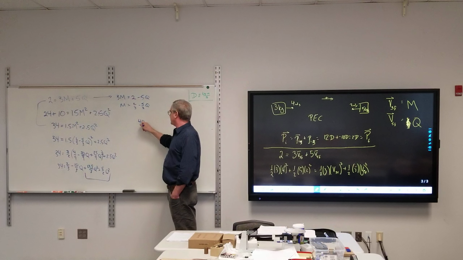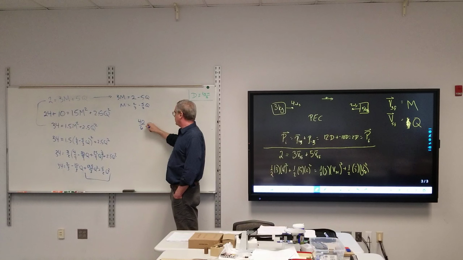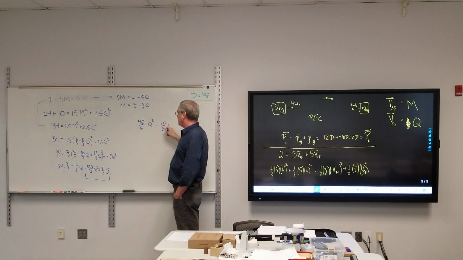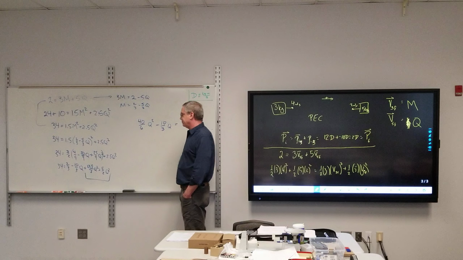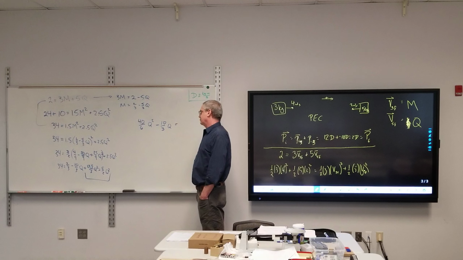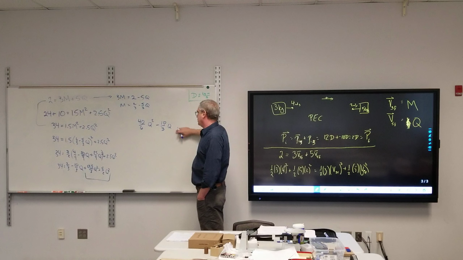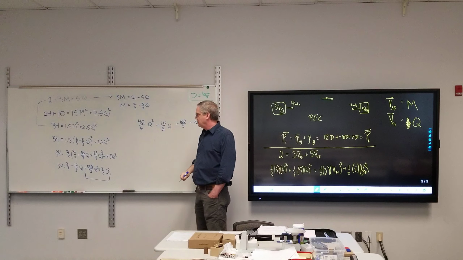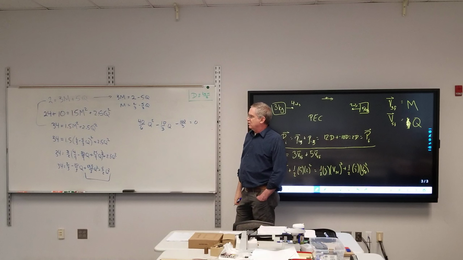So 46 q squared minus 10/3 q equals, not equals, minus 33 1/3, 100/3 equals 0, because that would be 33 1/3 negative.